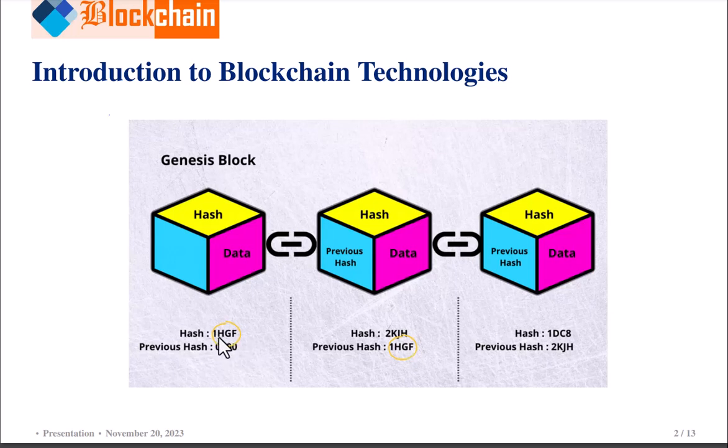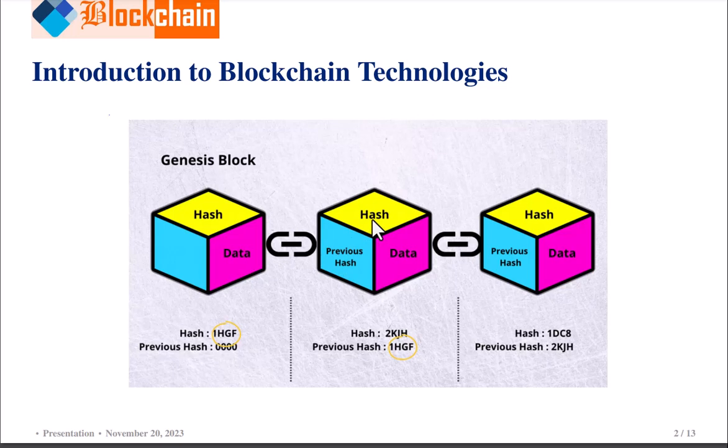You can see 1HGF, this, which is the address of this previous block. So this address is present in the previous hash section. So through this way, the genesis block, which is the first block, is connected with the second block. So a chain is created.